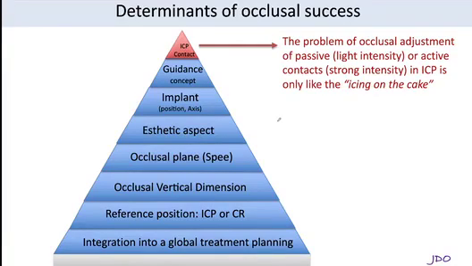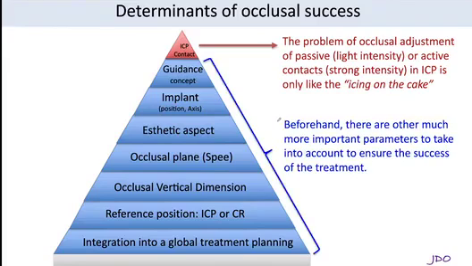So keep in your mind this integration in the ICP of the patient, participation in the ICP to distribute the force on the full arch. That is the main objective. Beforehand, there are other much more important parameters to take into account to ensure the success of the treatment. And don't forget it.